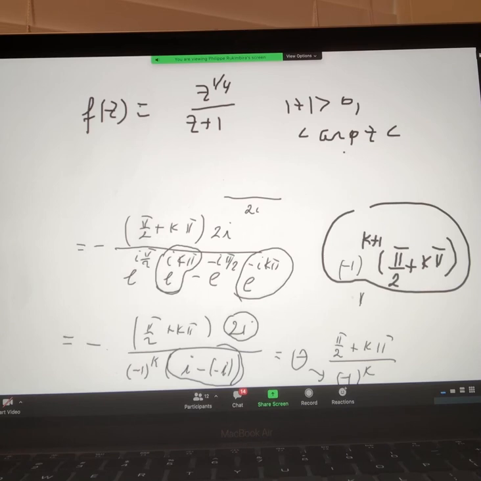So argument of z will be between 0 and 2 pi. Then z to the 1/4 is exponential of 1/4 times log of z, and the log of z requires picking a branch. That's what I did. So you finish this at home. Find the poles. It's clear.